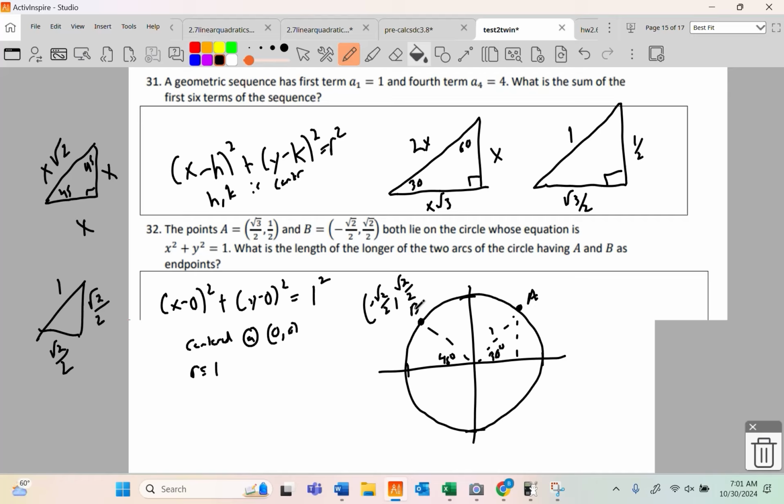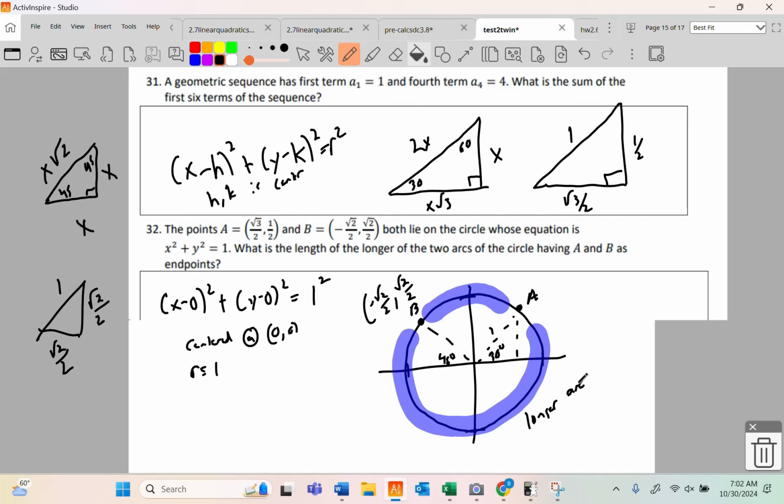Which arc is longer? Oh, wow, this thing got way harder. So there are two arcs that can have A and B as endpoints. There's this one, or there's this one, and this is definitely the longer one, no doubt about it.